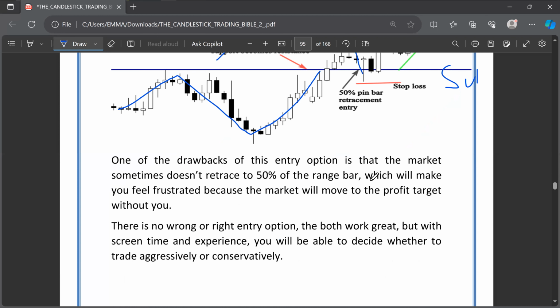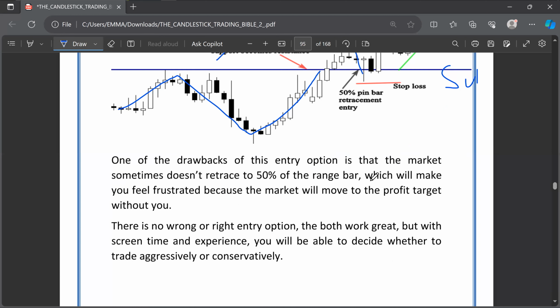One of the drawbacks, the downside of this entry. So this particular strategy has a downside, a negative aspect to it. Even though it has a good risk to reward ratio and can be very profitable, it can also cause some losses.